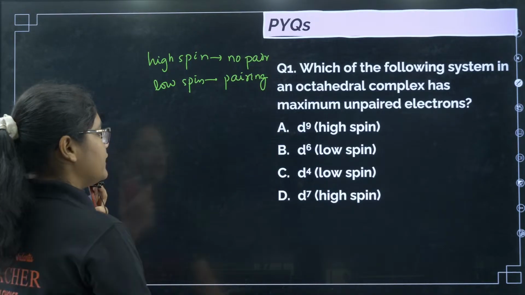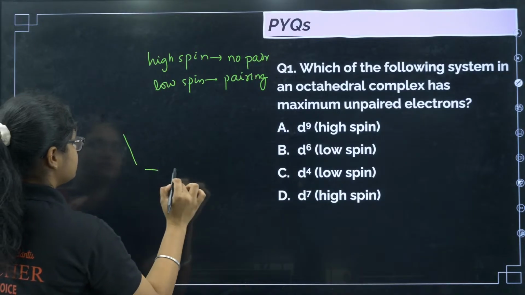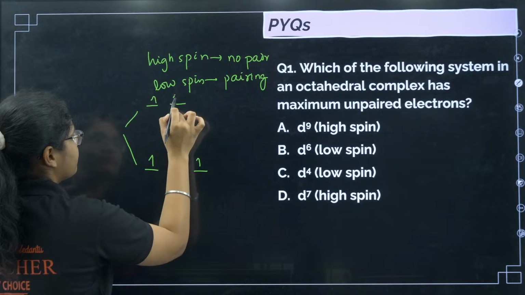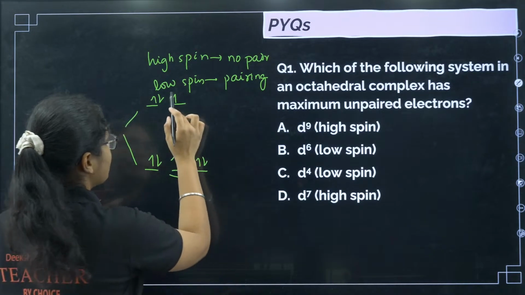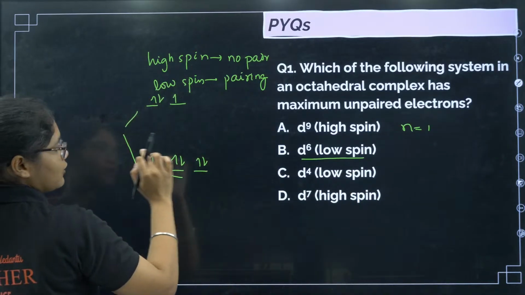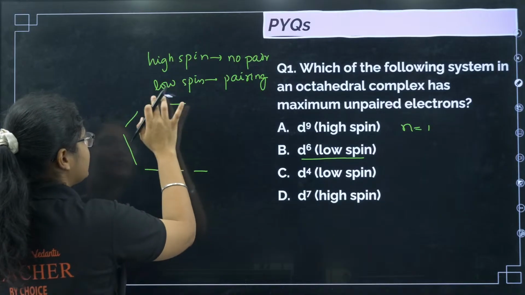Okay, so now let us see d9 high spin. So d9 configuration, if I just draw like this, 1, 2, 3, 4, 5, 6, 7, 8 and 9. So what is the number of unpaired electrons? Here it is 1. d6 low spin. If I want to do d6 low spin, pairing will take place, right?